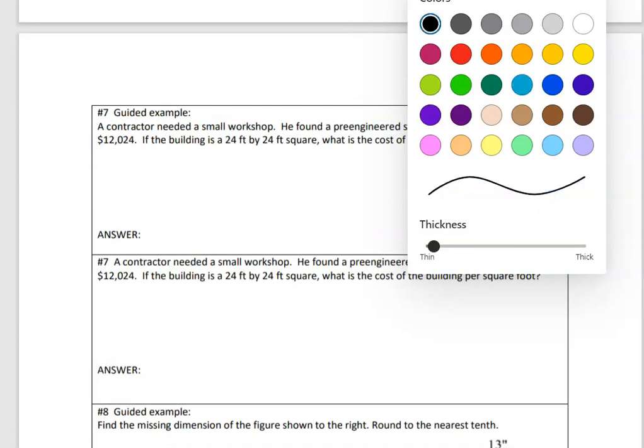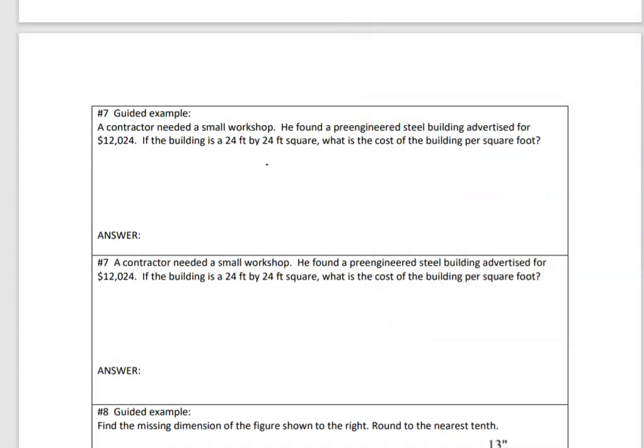Okay, so it says a contractor is needed to build a small workshop. He found a pre-engineered steel building advertised for $12,024. If the building is a 24-foot by 24-foot square, what is the total cost of the building per square foot? So we're looking for cost of the building per square foot.